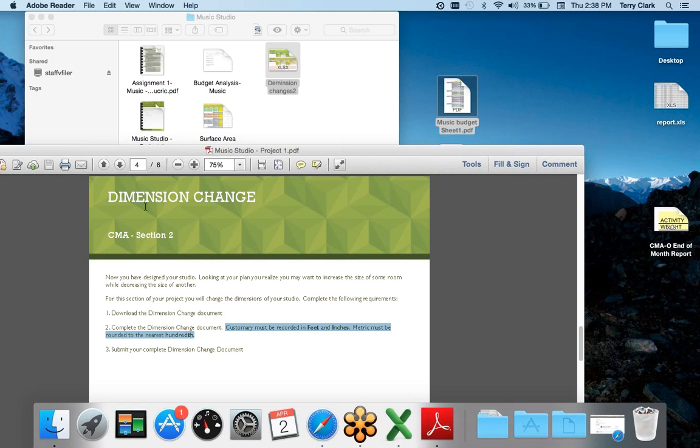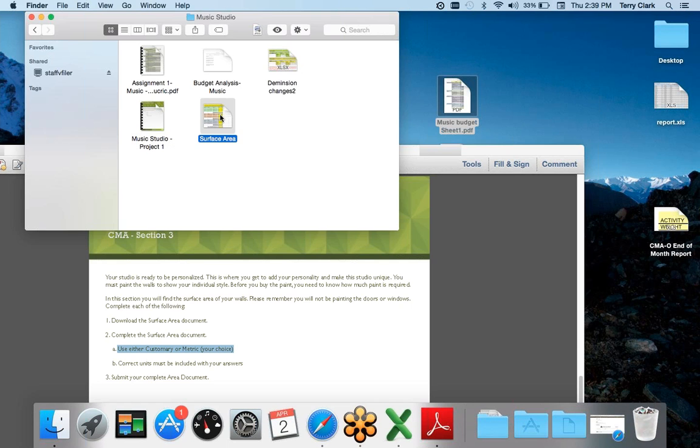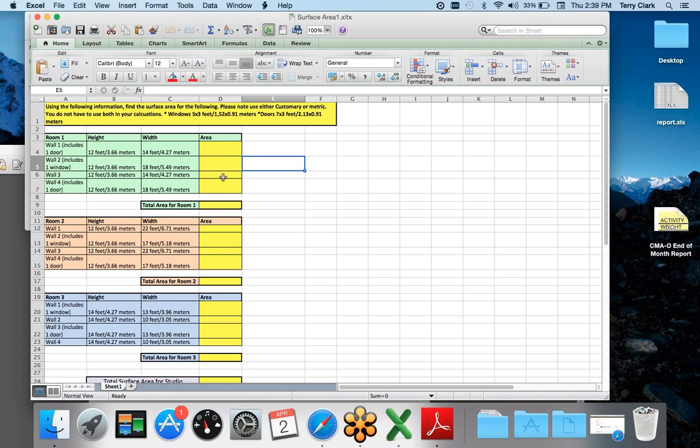So with the dimensions, you have both. But when you get to painting the walls, just like with the blueprint, it's your choice again. So what I want to do is pull up the surface area, and then we'll look at it.